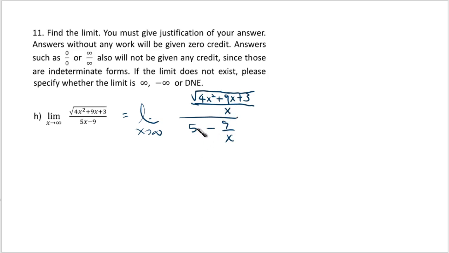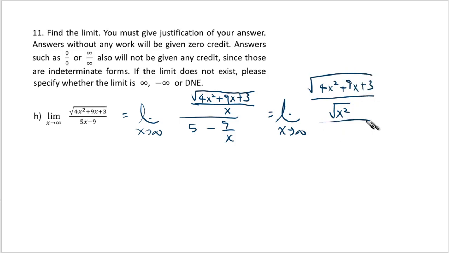Now, to figure out what this is, you will need to further investigate this top. First thing you want to do is to take the square root of x squared, and the bottom is still 5 minus 9 over x. And you can do this because square and square root cancel, right? So that's the same thing as x, only if x is positive, but x is positive because x is sent to positive infinity.